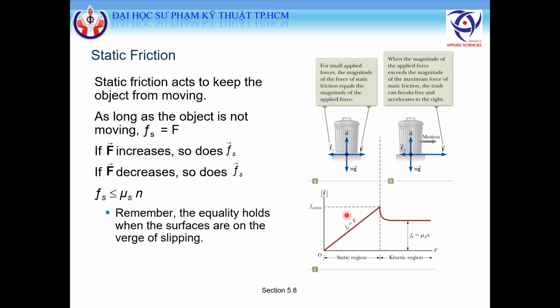So it always has the magnitude of the applied force, or the external force. But at this point, if you increase the force, you can see that the friction force will decrease, then remain constant here.